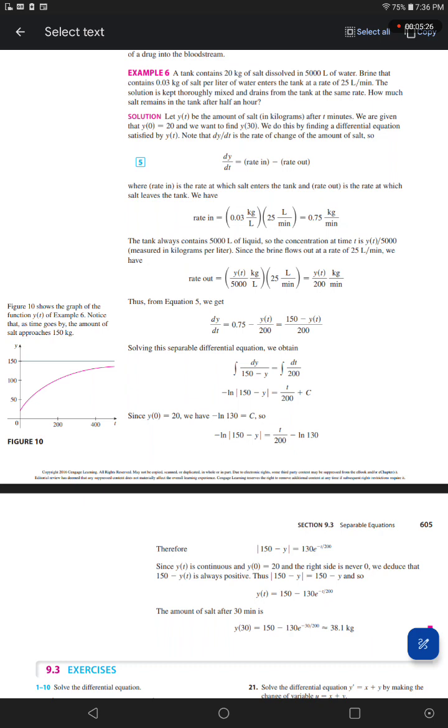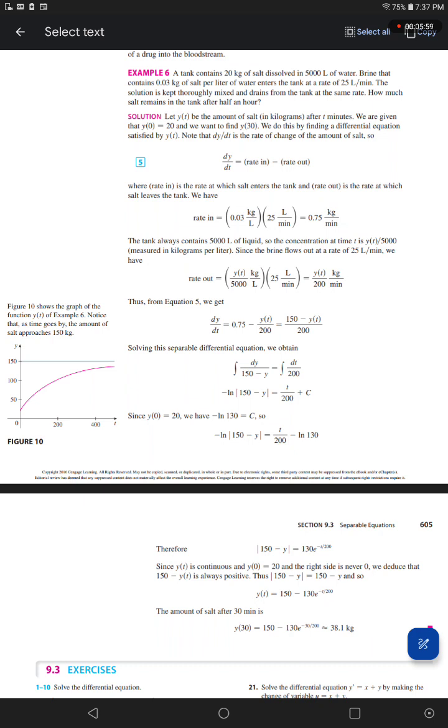Since y of t is continuous and y of 0 equals 20 and the right side is never 0, we deduce that 150 minus y of t is always positive. Thus, the absolute value of 150 minus y equals 150 minus y, and so y of t equals 150 minus 130 e to the power negative t over 200.